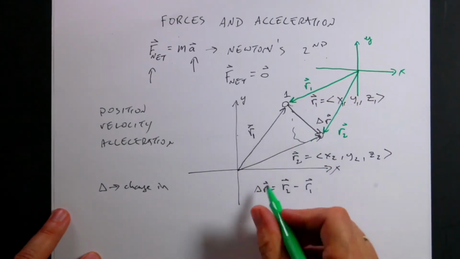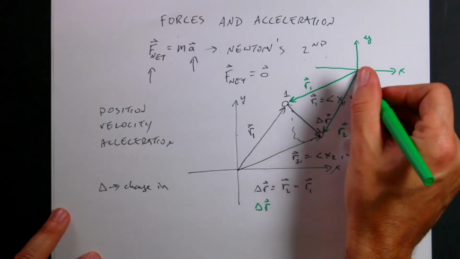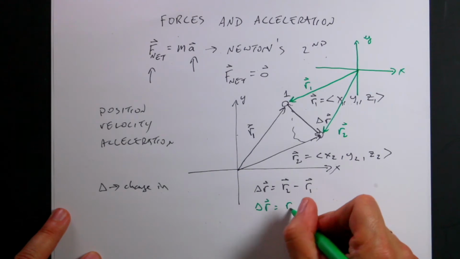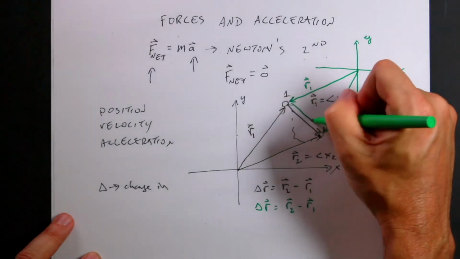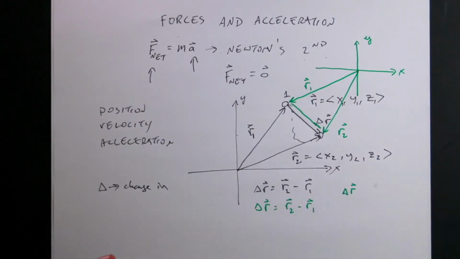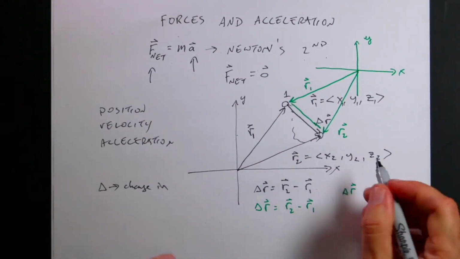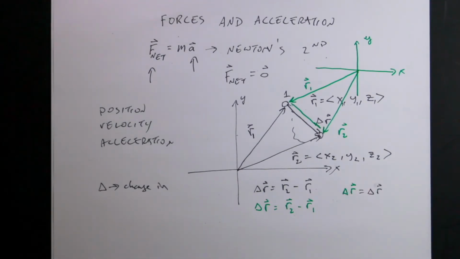If I take the delta R in the green coordinate system, it's going to be green R2 minus green R1. But you'll notice that delta R green is equal to delta R black, which is really nice, right?